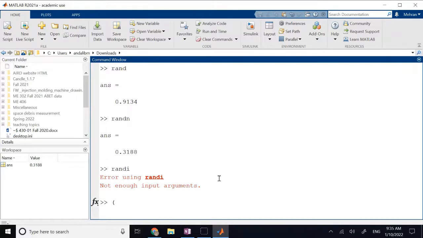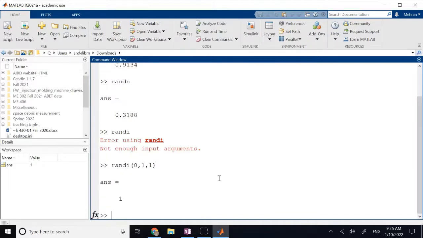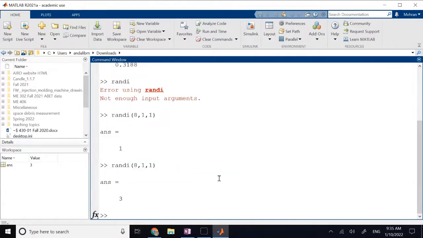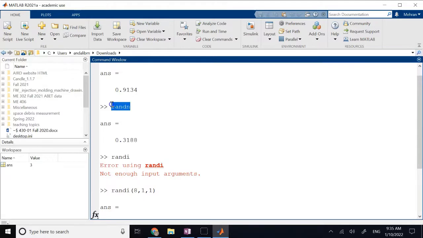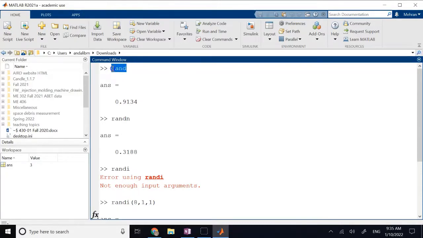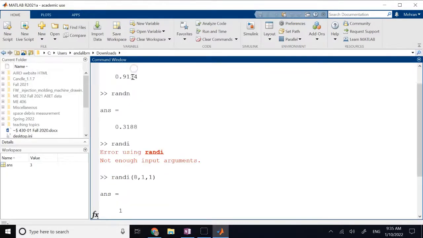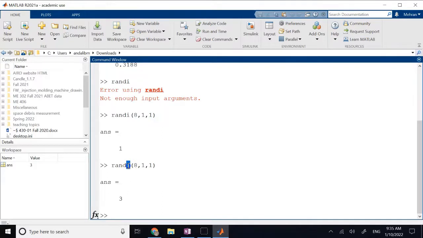You have to say basically what is the maximum value and so on, and how many data you want. So you say randi of, let's say, 8 and 1 and 1. Then you can get something, right? But what I want to focus on is randn, which gives me random numbers drawn from a normal distribution. Rand gives me random data from a uniform distribution, and this one gives integer random numbers.